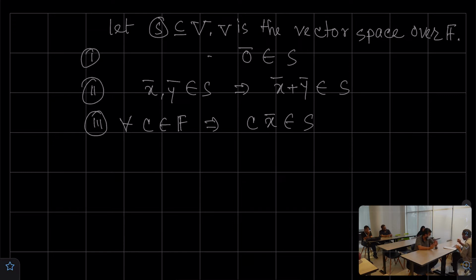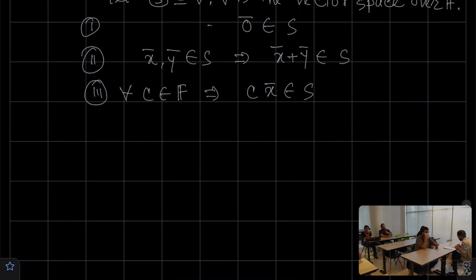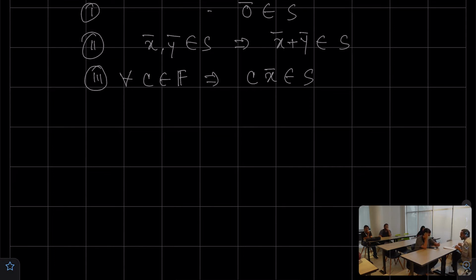Let me give you an example. If you consider C, this is a vector space, but over which field? It's complex. It is also a vector space over the real field, right? So if you consider C to be a vector space over C, then you are asking if R, a subset of this vector space C, is a subspace or not.